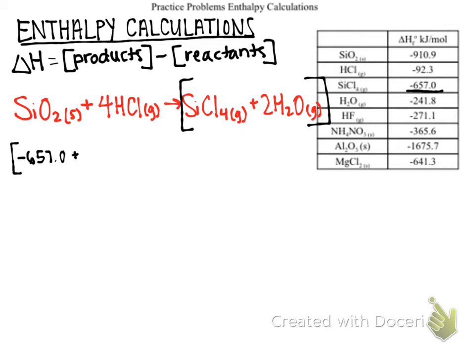Plus, you have another product. You have 2H2O gas, so you have to make sure that you get H2O, the gas, on the table, and it's negative 241.8. But because you have 2 of them, you have to multiply it by 2. You have 2 H2Os.